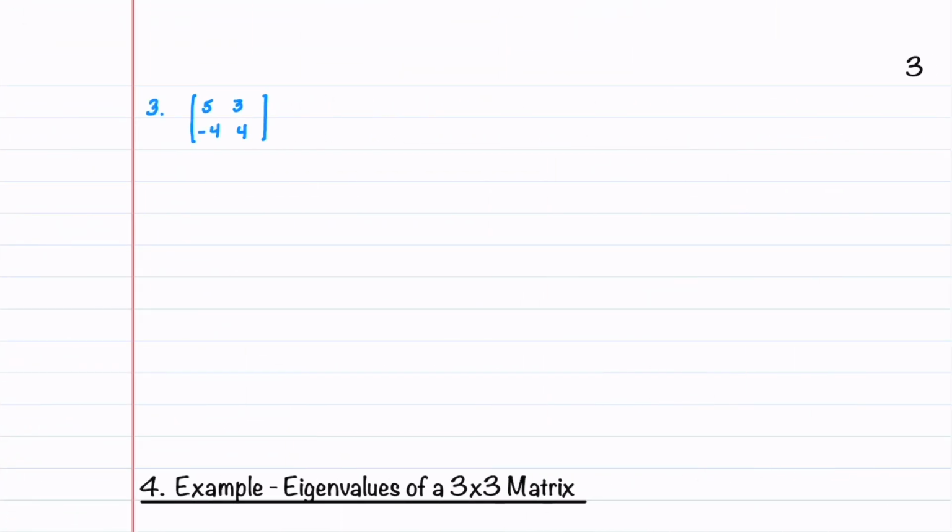Hang with me. We have one more example to look at, and we're going to get eigenvalues that are different than we got for the first 2 examples. Our determinant of A minus lambda I is equal to 5 minus lambda, minus 4, 3, and 4 minus lambda.